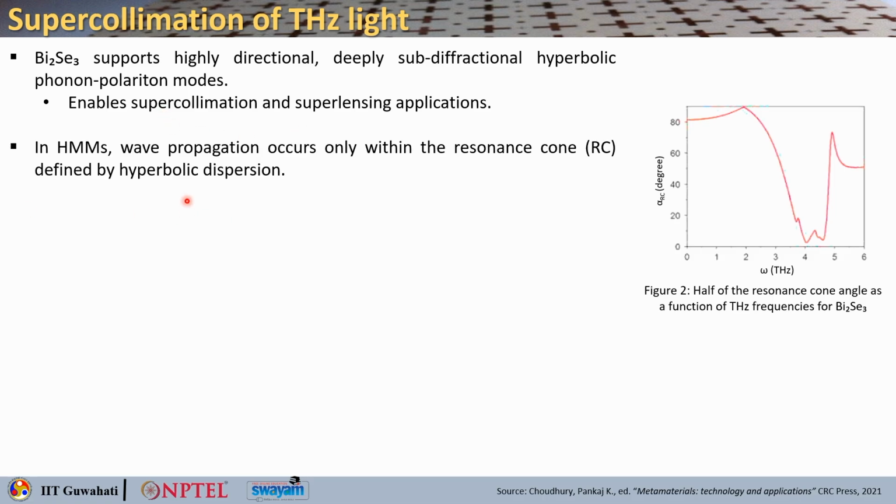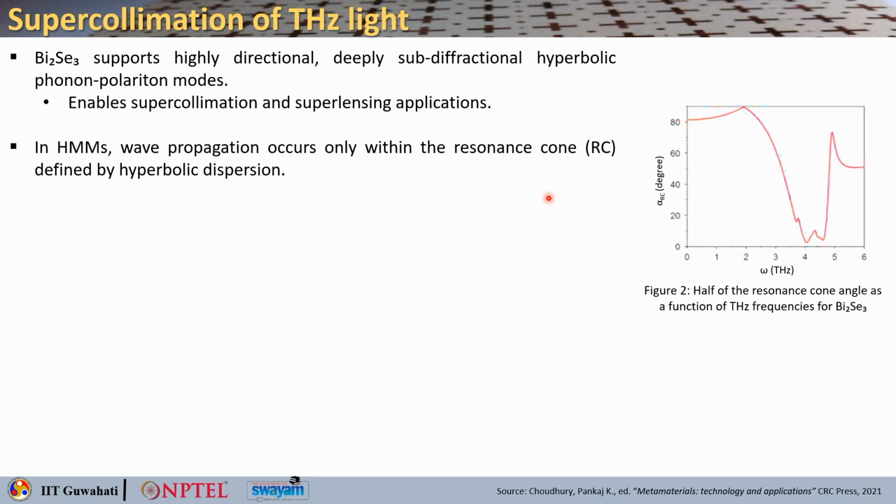In hyperbolic metamaterials, we have already seen this concept, but here we will focus on it even more: wave propagation occurs only within the resonance cone, called RC, which is defined by the hyperbolic dispersion. A resonance cone refers to a specific angular distribution of electromagnetic energy that arises due to the unique anisotropic properties of these materials.